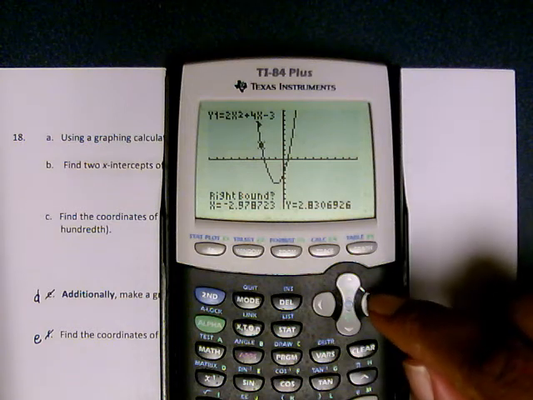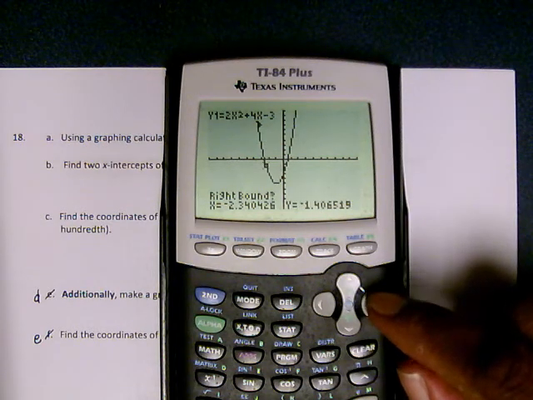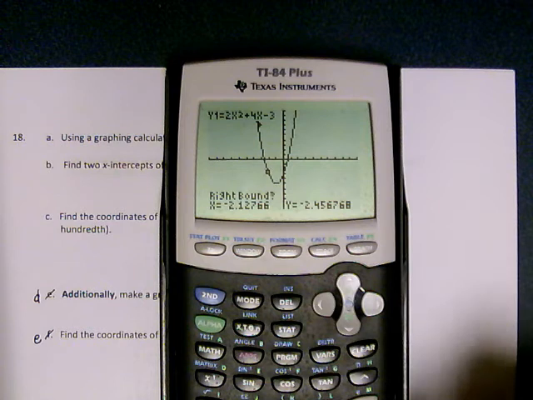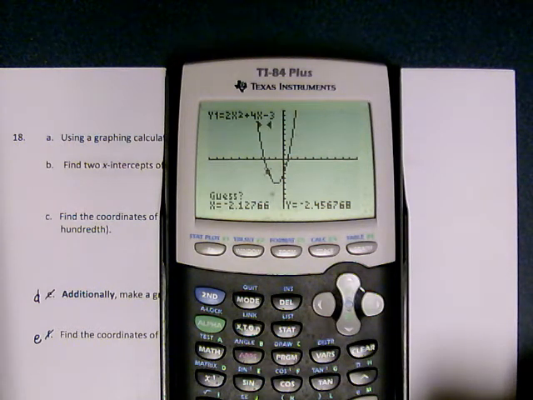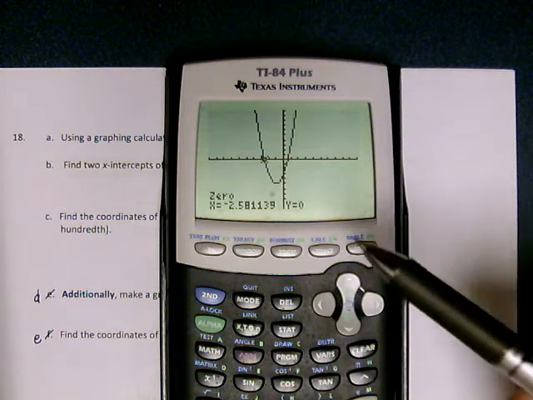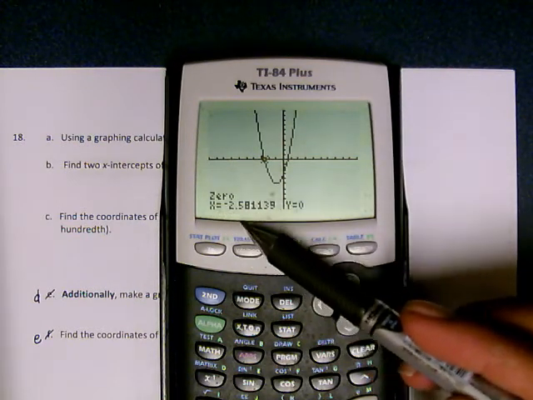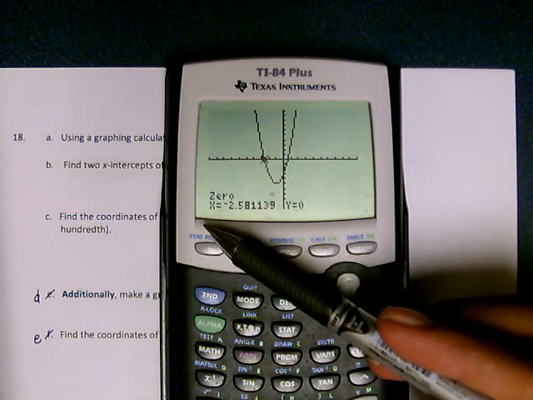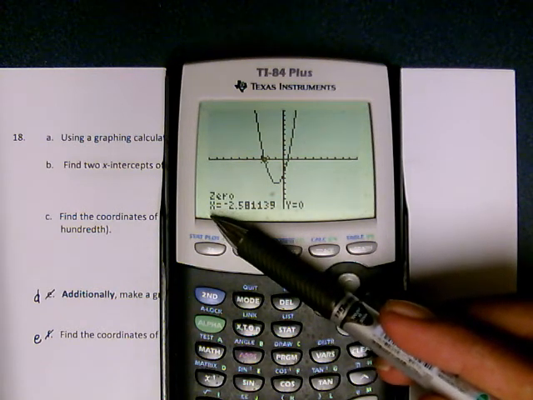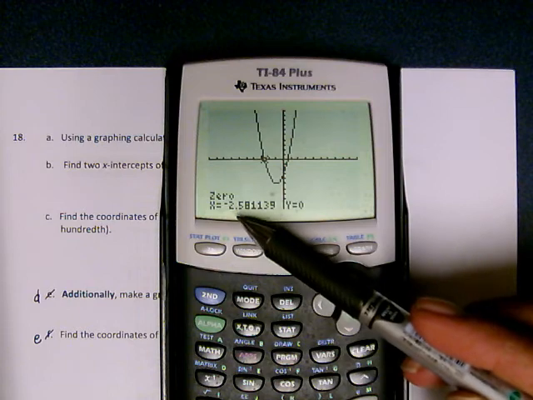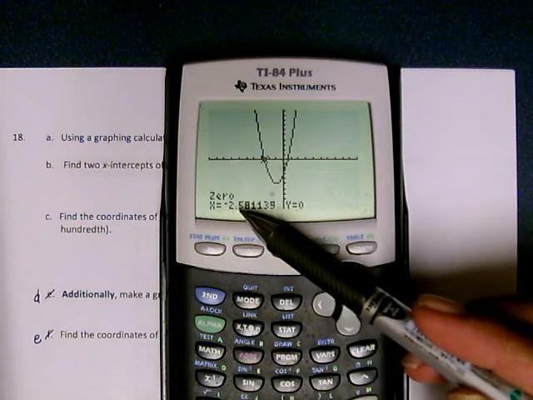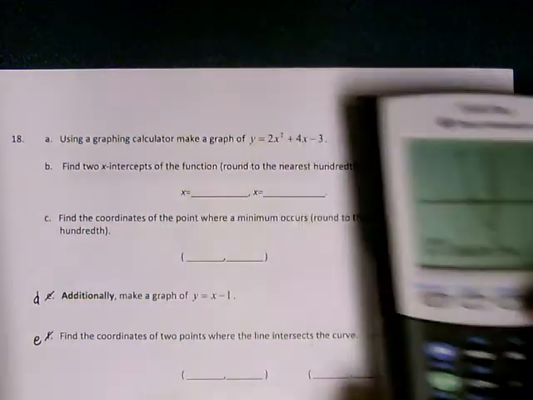Now you're going to use your right arrow key to position the blinking cursor below that first x-intercept, and then press enter. And then after guess, you're going to go ahead and press enter. And then you're going to get the zero, which is going to be x equal to this number, and your y should be equal to 0. So the x-intercept here, to 2 decimal places, is negative 2.58.